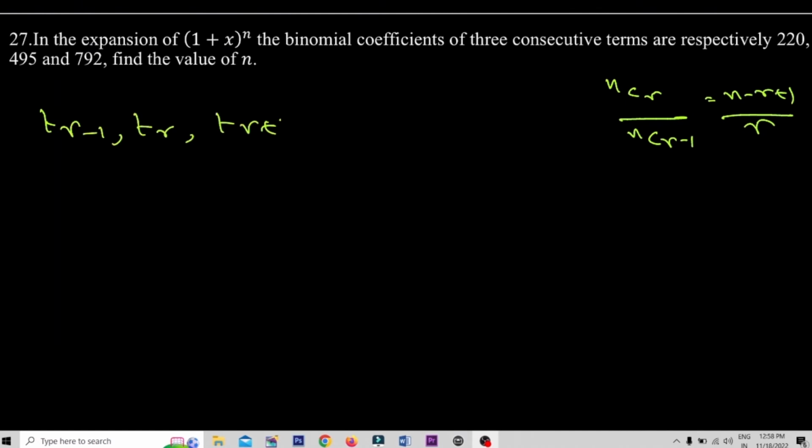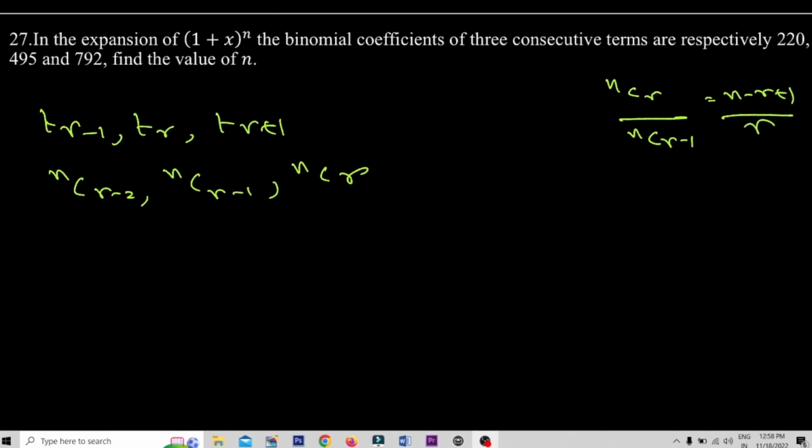In this case, we need that concept: nCr by nCr minus 1 equals (n minus r plus 1) by r. It is extremely important, and let us apply. According to the question, let the terms be t(r minus 1), t(r), t(r plus 1). So their coefficients are nC(r minus 2), nC(r minus 1), nCr.